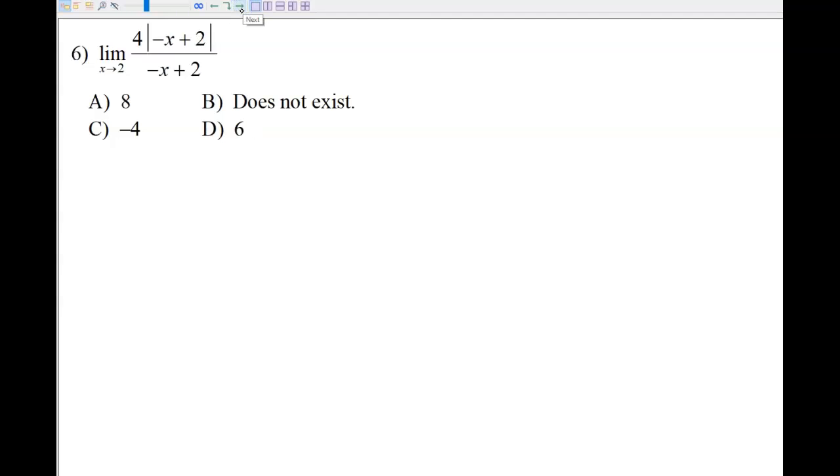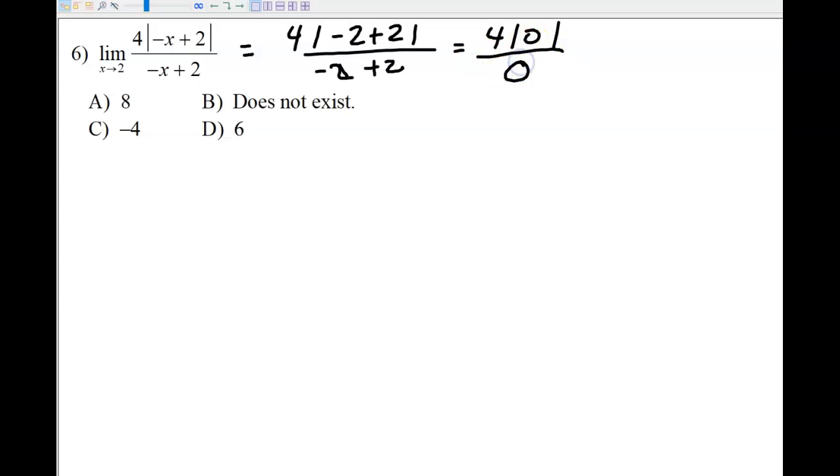For these particular problems, anytime you're being asked to find the limit, you're going to notice, first of all, if I try direct substitution, we're going to run into a problem. So we end up with 4 times the absolute value of 0 over 0, and that's undefined.